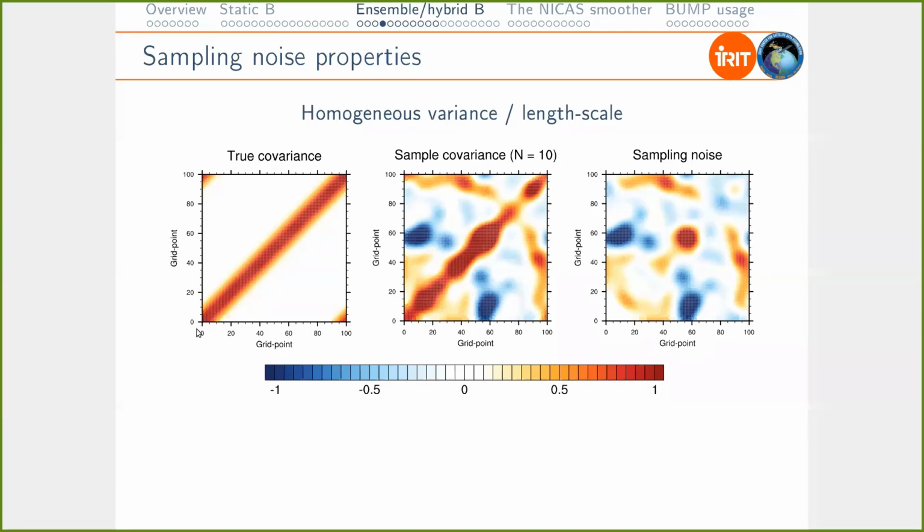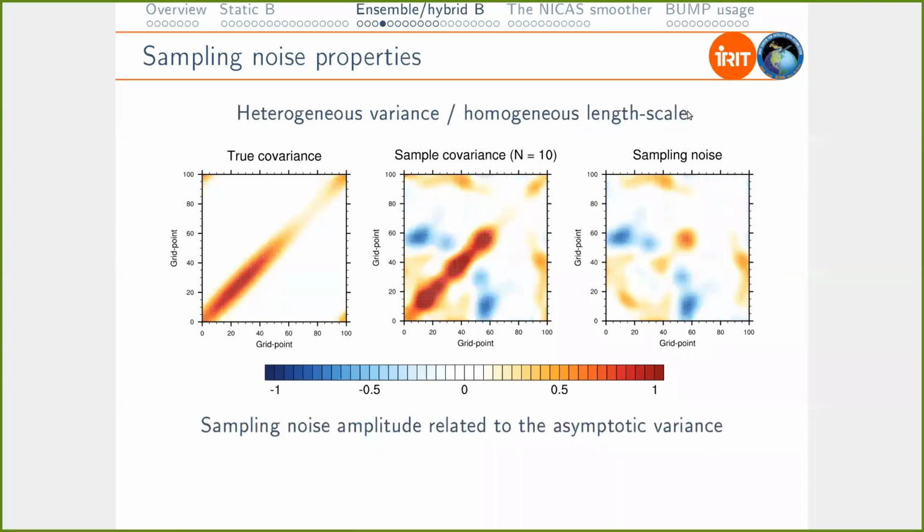The variance, the diagonal, is constant, and the length scale, which is the width of the function here, is constant too. I compute the sample covariance with 10 members in the middle, and I just do the difference to get the sampling noise on the right. There is no specific feature for this sampling noise here on the right.